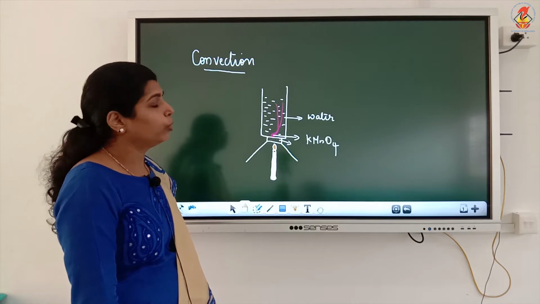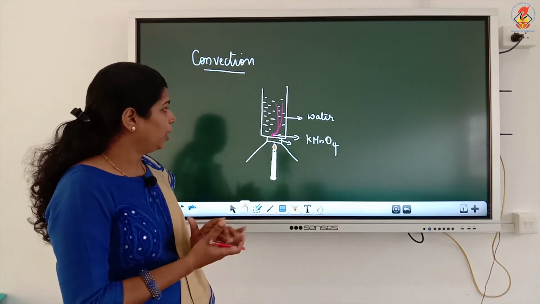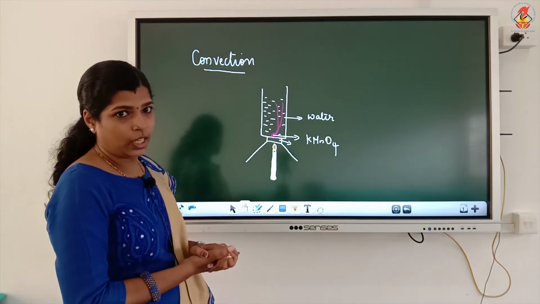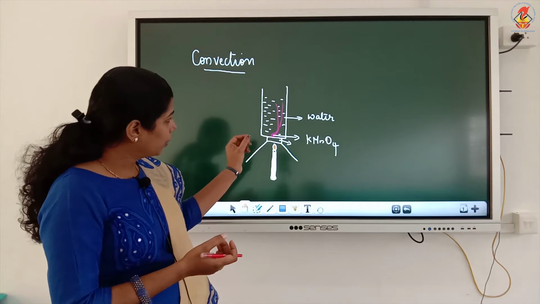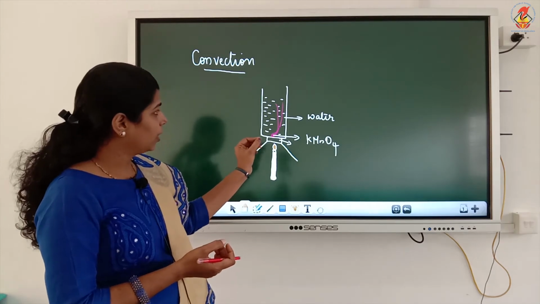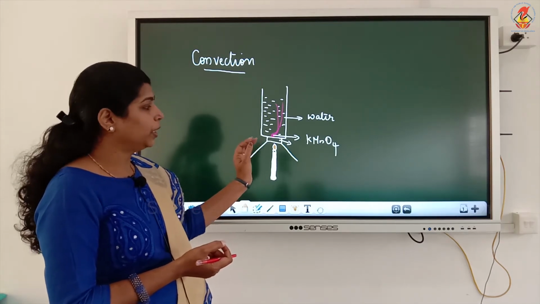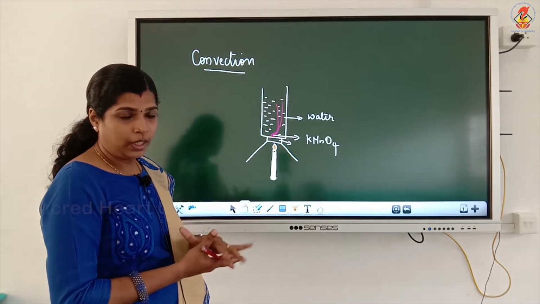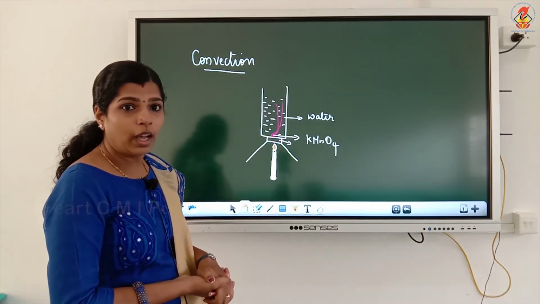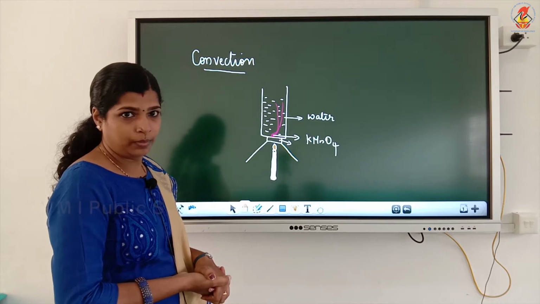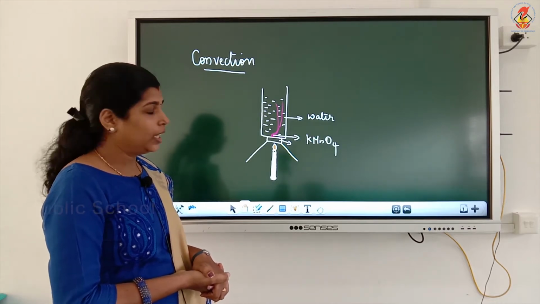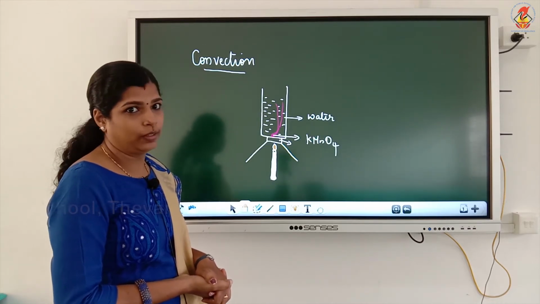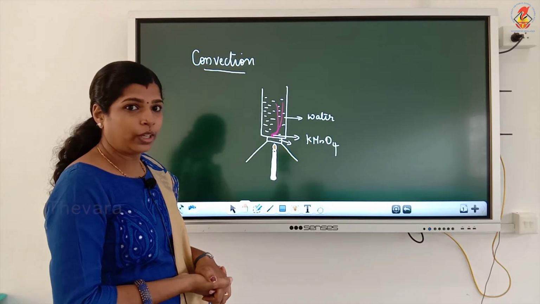So what will happen is that when you heat it, the purple color of the potassium permanganate will move in the upward direction. That is due to convection.